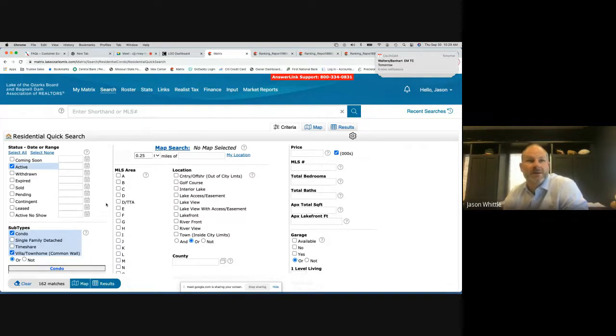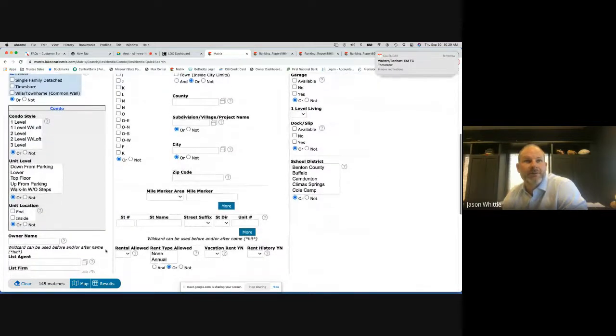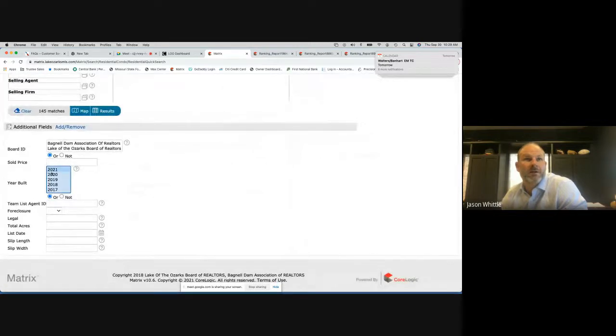And a lot of times what I'll do, especially on condos, if I'm looking at condo comps, there's 145 active, but what I'll do is click the year that they're built.